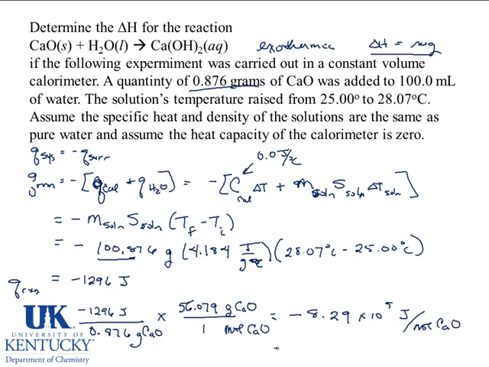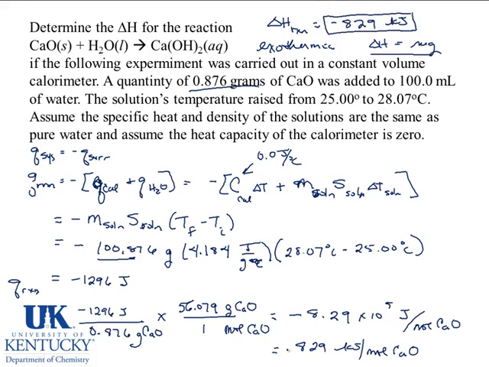Let's convert that to kilojoules. That would be 829 kilojoules per mole. Now, as we look at the balanced equation, we see it is for 1 mole of this. So we have now determined the delta H of this reaction. The delta H of the reaction, as determined by the calorimetry, is a negative 829 kilojoules.